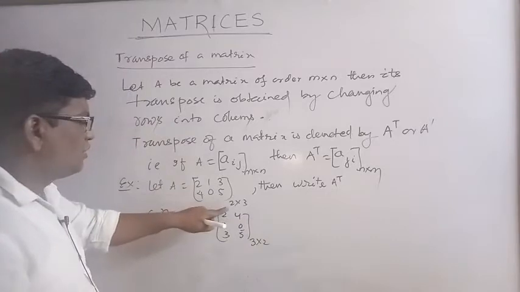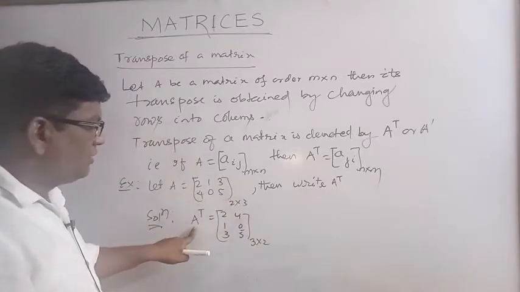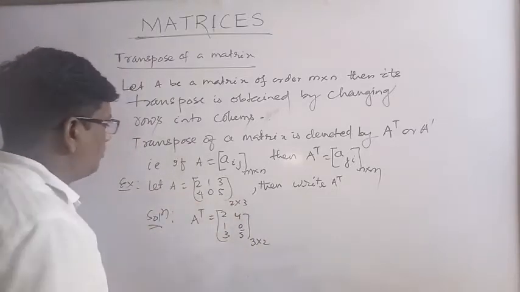Order of A is 2 into 3, order of A transpose is 3 into 2.